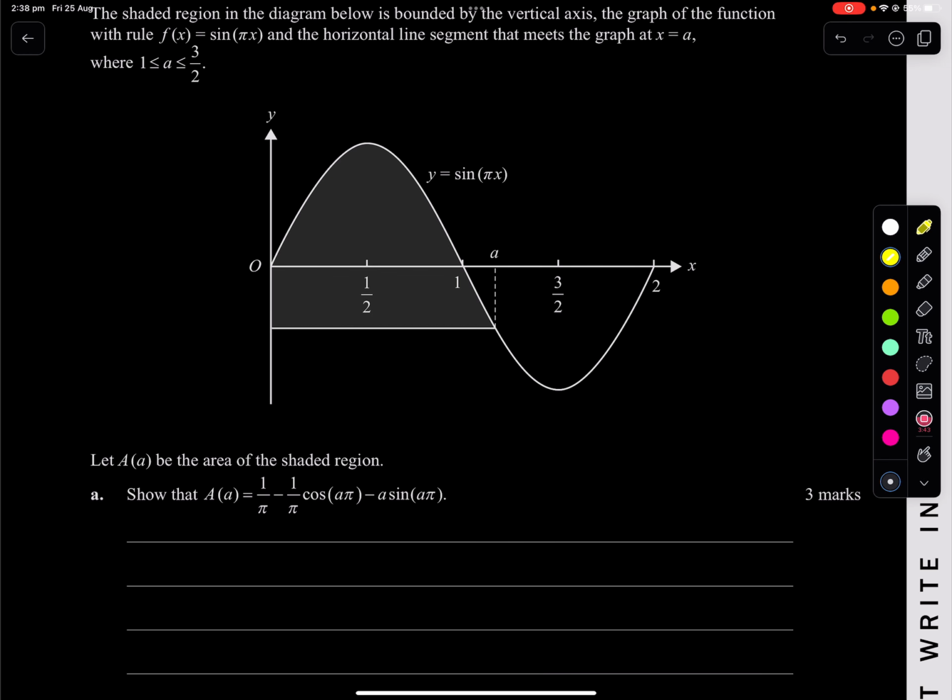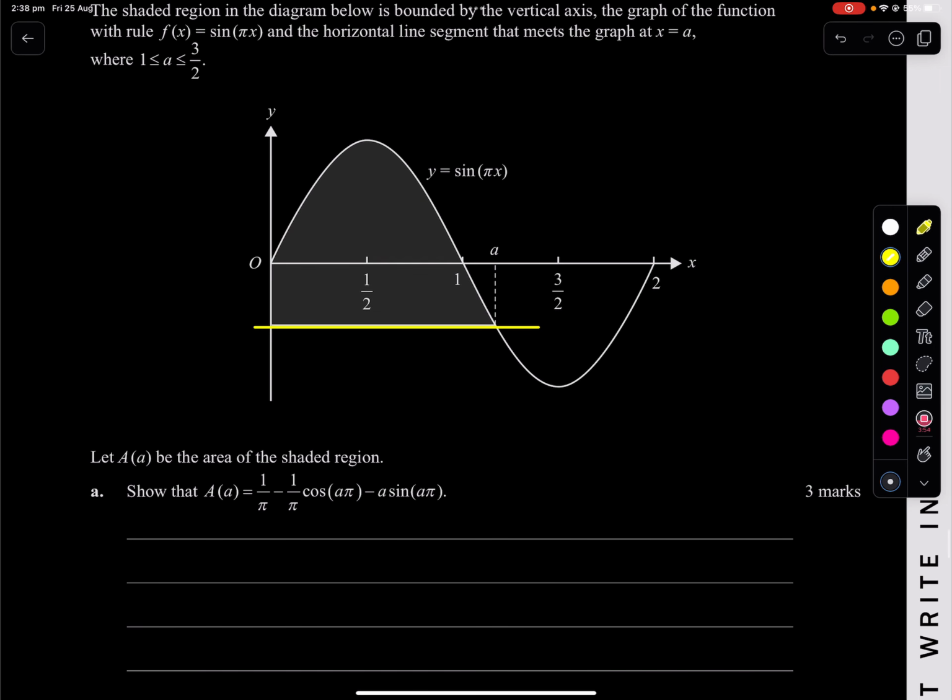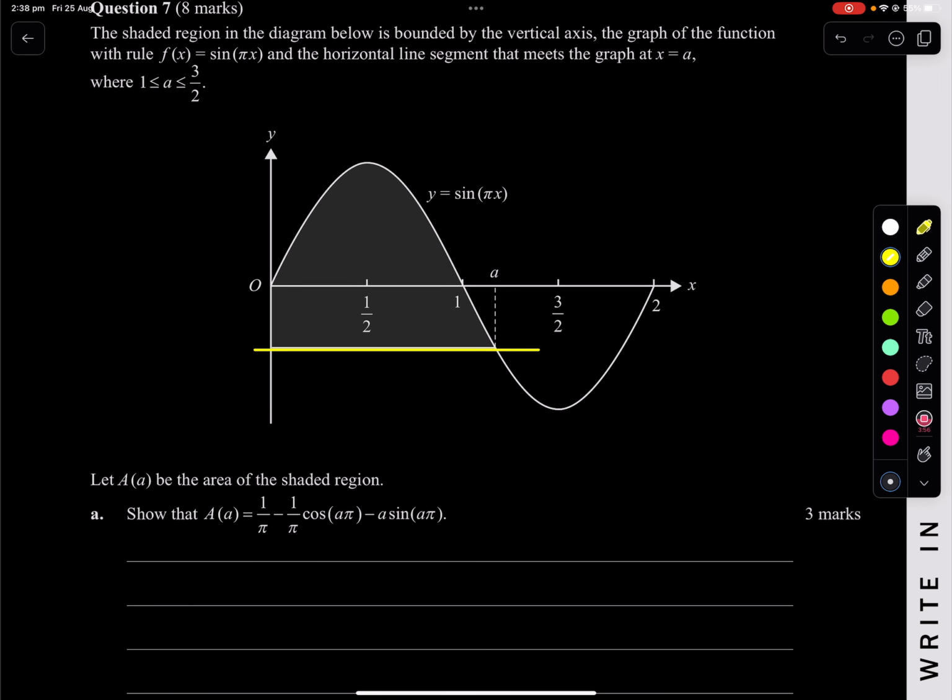Well, we already know the value of a, so if we can find the equation of this line, which is very easy, it's just f of a, which is, in this case, sine pi a.